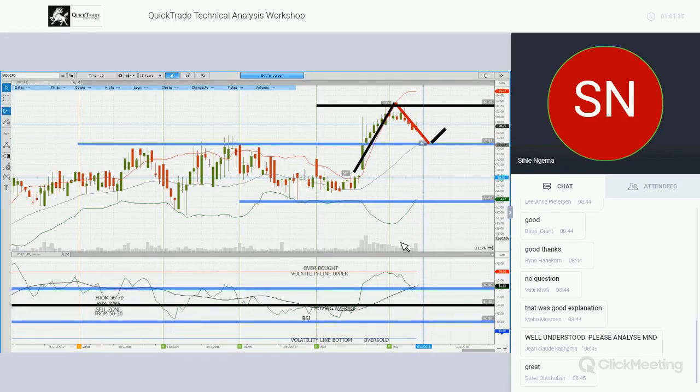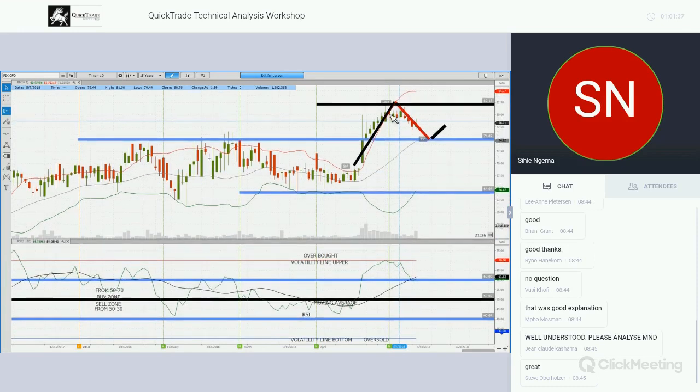Now, looking at our RSI indicator to confirm what we have analyzed from our main chart, the moment our Bollinger Bands were giving us a buy signal, as you can see, our RSI indicator was in the buy zone going towards the 70 point. It did reach and touch our 70 point, which is our overbought zone. So our RSI indicator also gave us a buy signal by touching the area of 70.